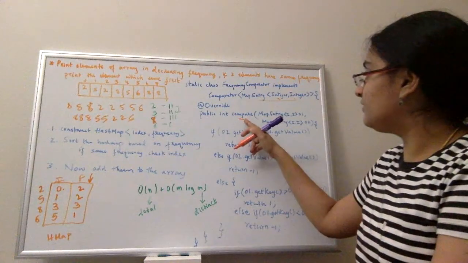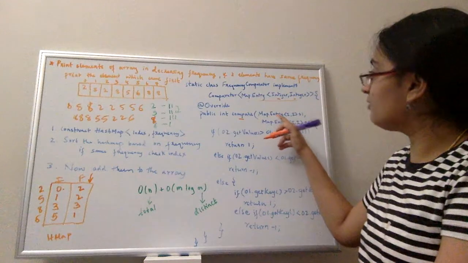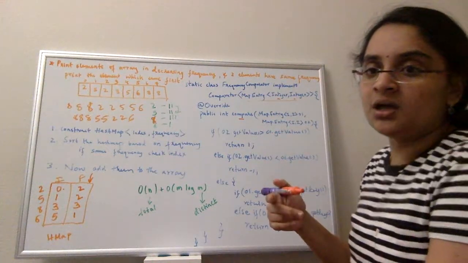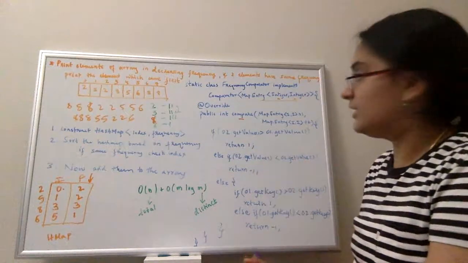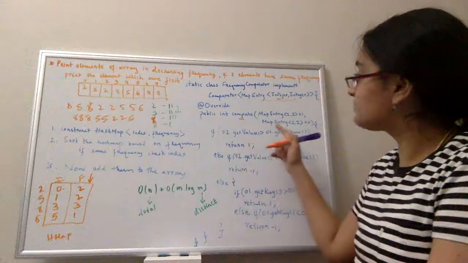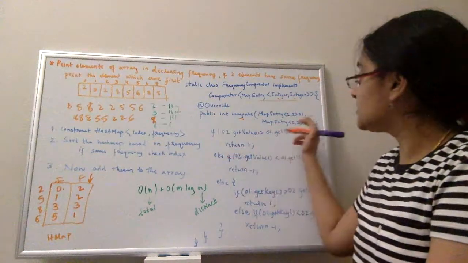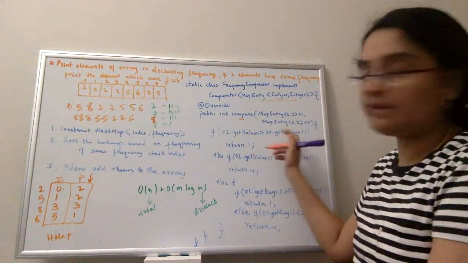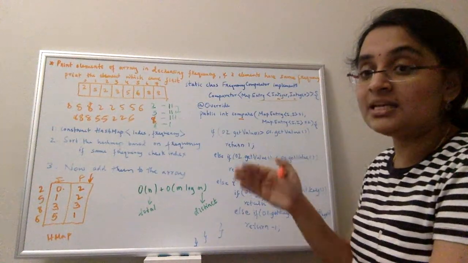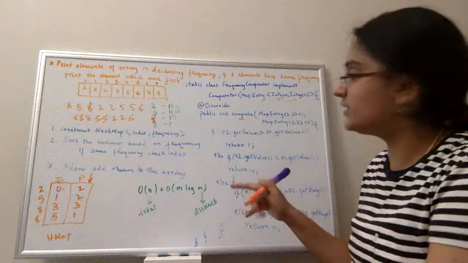In the compare, I'm taking two entries, I mean two elements from the hash map, and I'm comparing the values. Because I want a decreasing order, I'm comparing the second element and the first element. If I do the first element and then the second element, I'll get ascending order, but we want descending order.